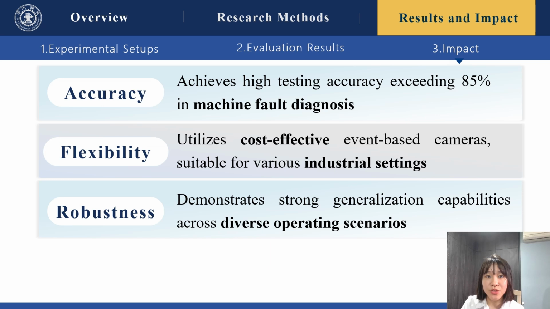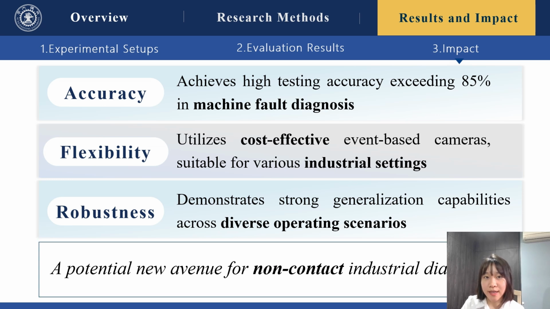Therefore, our methodology demonstrates strong generalization capabilities. In conclusion, this work is among the first to apply dynamic vision data in machine condition monitoring, offering a potential new avenue for non-contact and real-time industrial diagnosis.